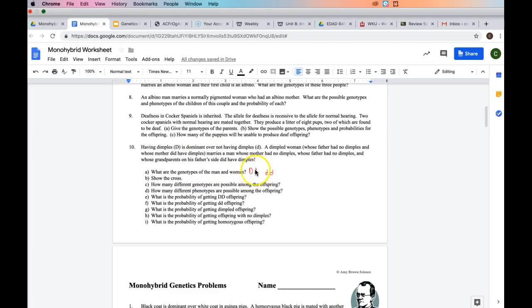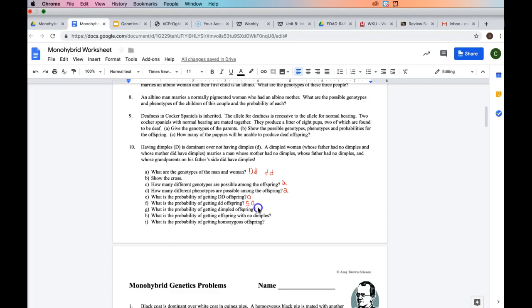It was 50% this, 50% this. So two different genotypes possible. Two different phenotypes possible. 0% chance of getting homozygous dominant. 50% chance of homozygous recessive.